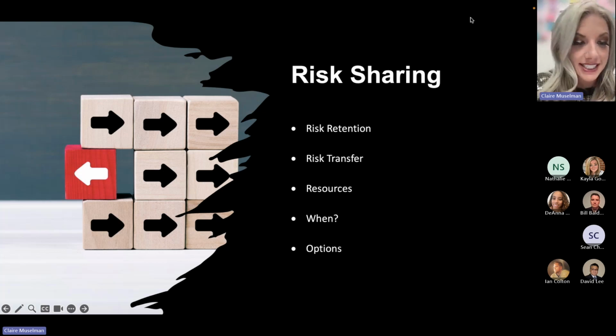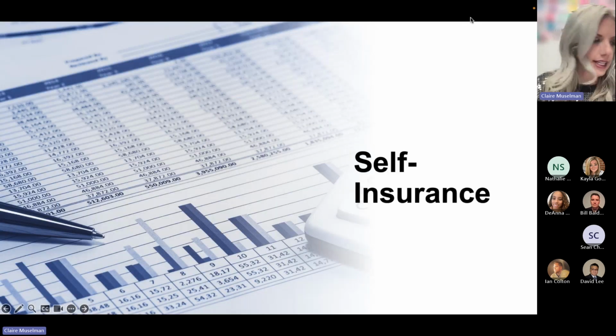Those are things we've got to consider. And does an outside organization receive money for accepting our risk of loss? So for a risk transfer, that's where we're looking at insurance premiums and/or compensation to a non-insurance organization. So let's get to talking about some of those so we can get a little bit more clarity on this.